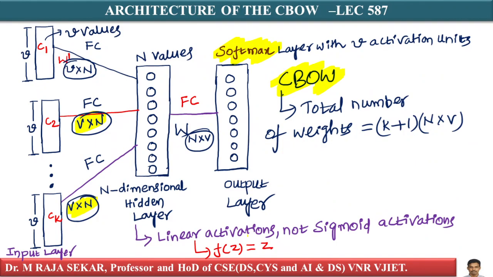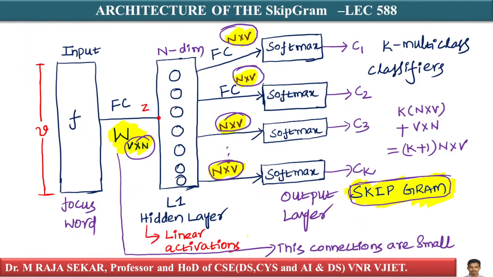Even in the case of CBOW, you have softmax units, isn't it? You have a V dimensional softmax unit. Just try to recall, I discussed this concept in my previous lecture. In the case of skipgram, you have a V dimensional softmax, but you have K such softmaxes.